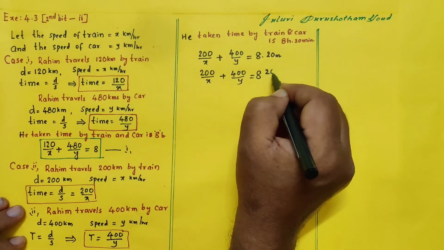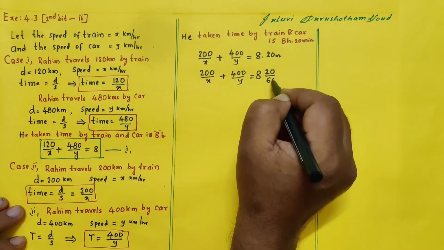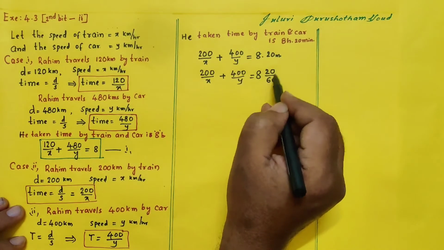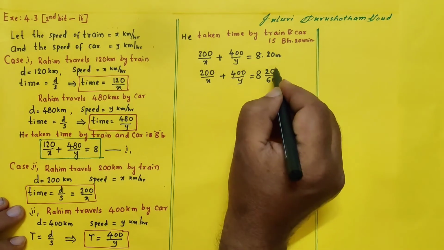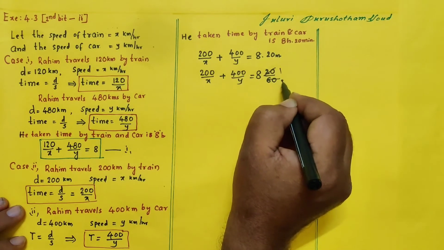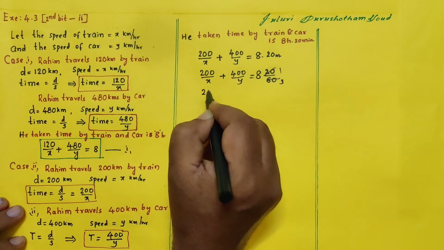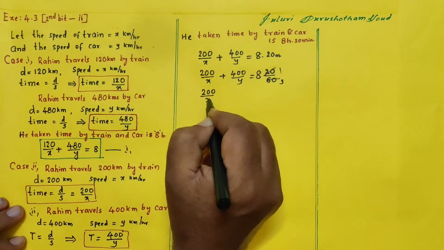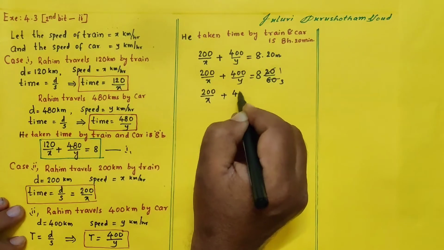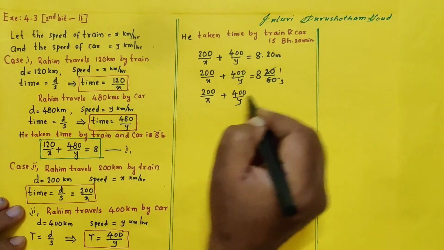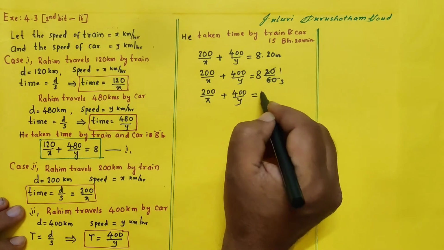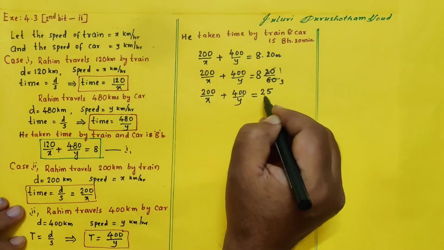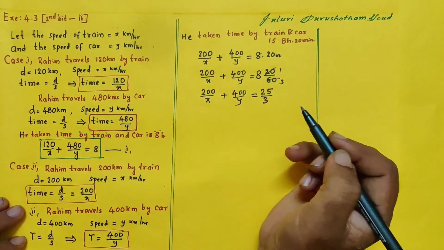That's why 20 by 60, so we converted the minutes to hours. Then we get 200 by x plus 400 by y is equal to 8 and 1 by 3, that is 25 by 3. Is it clear?